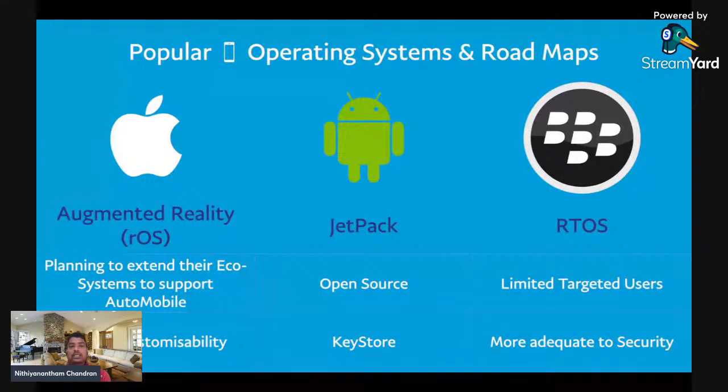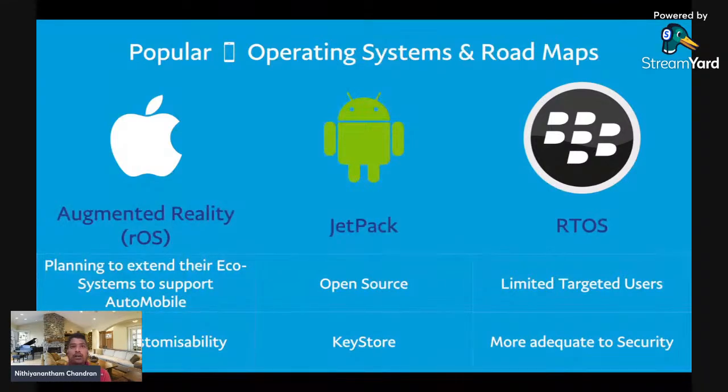BlackBerry OS is still in the market, and their roadmap and future visibility is about giving a big competition to these two, Android and iOS. BlackBerry is particularly about giving more security. It is targeted at giving users more security.